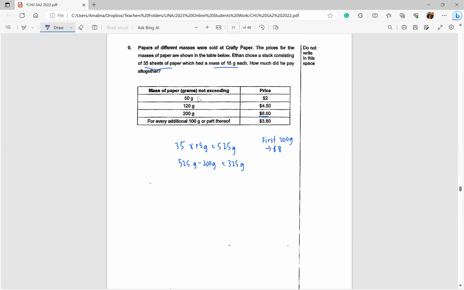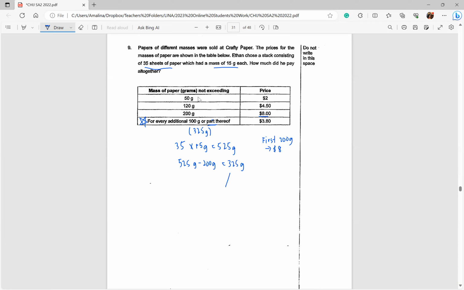So this 325 gram must belong in this category for every additional 100 grams or part thereof. So I have 325 gram, which means you need 4 groups of $3.80. Okay, because our part thereof is the extra 25 gram.